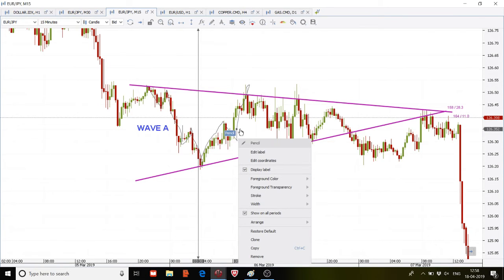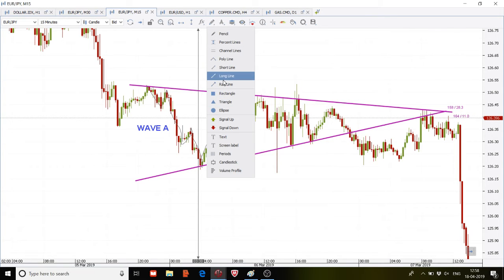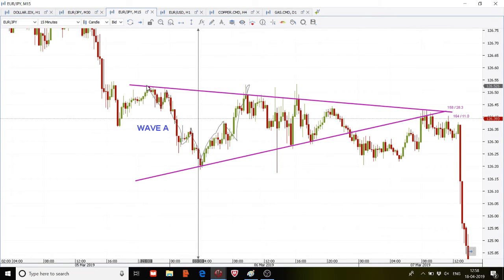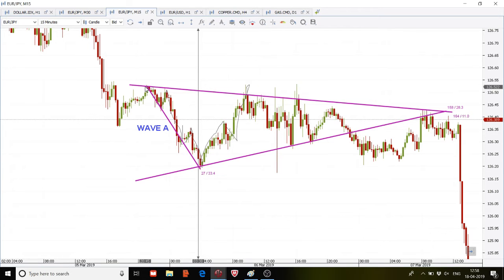It's not proper, so I am removing it. Then you join the swing high and swing low in the series. This is the swing high and this is the swing low.